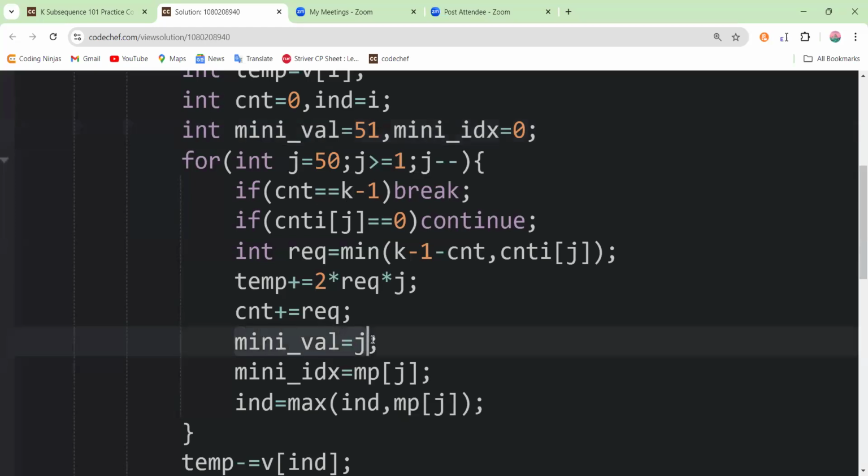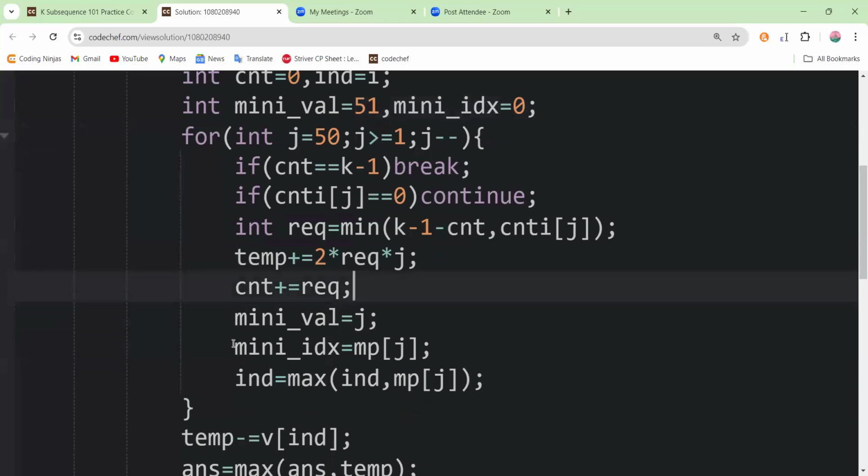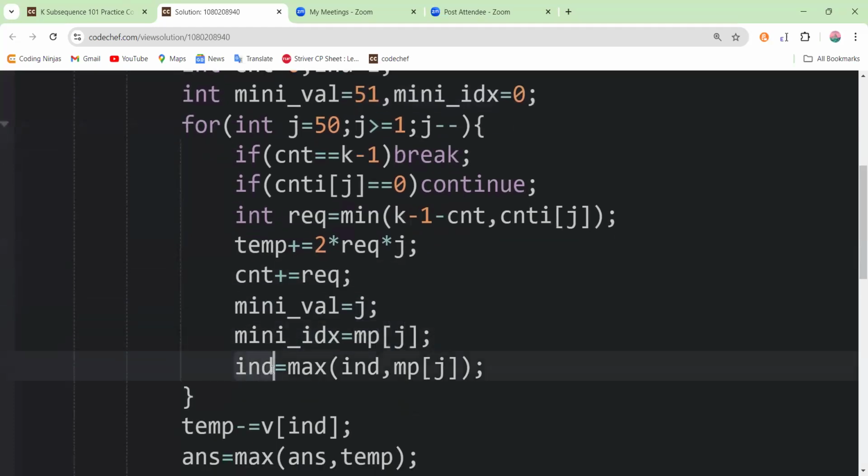It gets updated to j because we are going in descending order only. And this mini index basically stores the index of that j, so it is mp of j. And this index int actually stores the maximum index that we took.